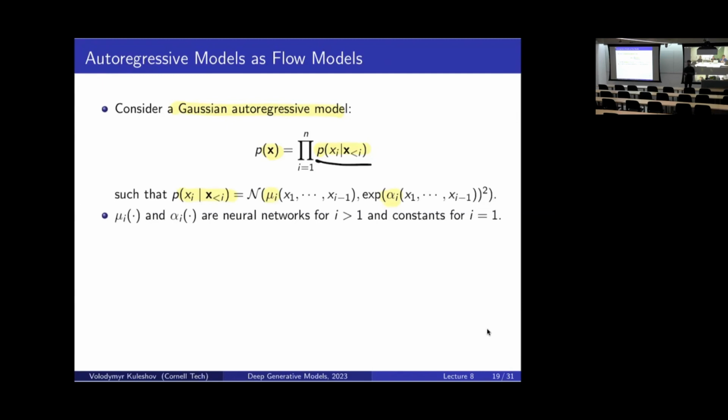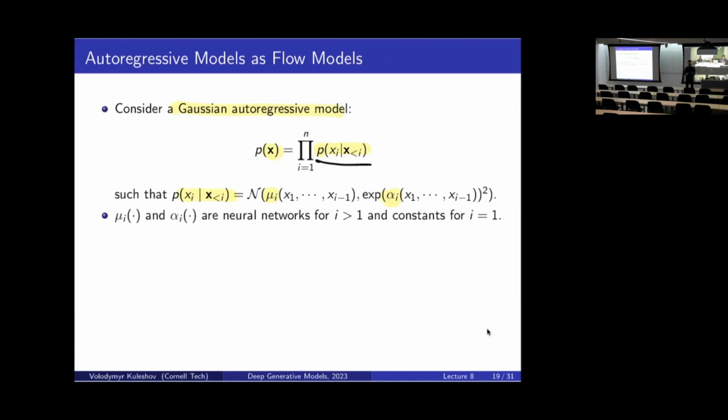In a lot of our previous examples, for example, in PixelCNN, or in the first example on autoregressive flows, we were using binarized MNIST as our running example. Therefore, in those examples, this conditional p of xi given the previous components was a Bernoulli, but it can be any distribution. So it doesn't have to be Bernoulli or softmax.